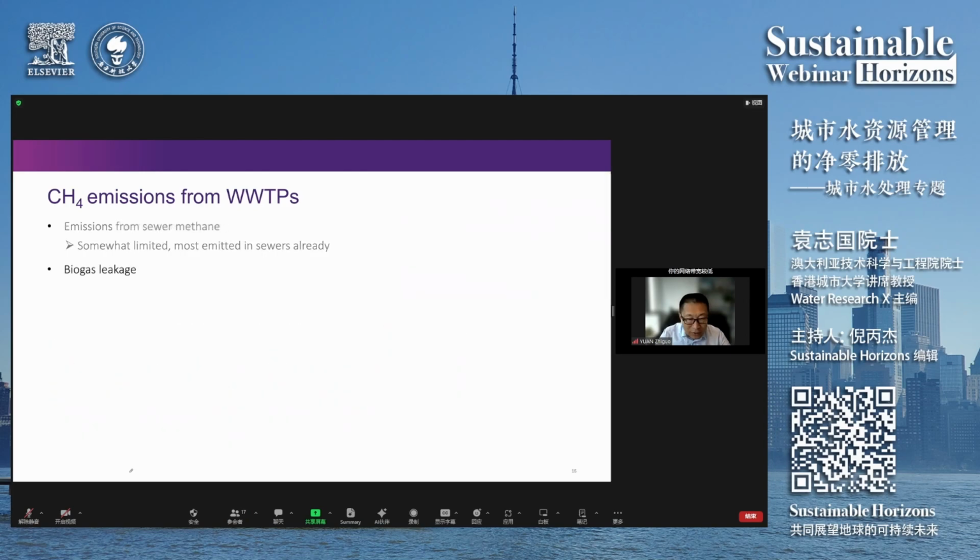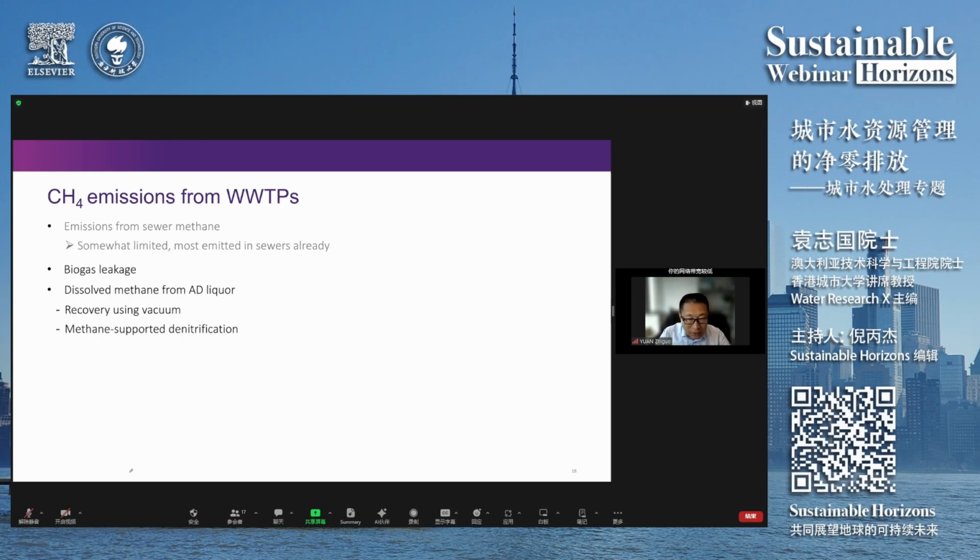Another source is biogas leakage. You produce biogas that has methane, and you have to manage it well. I think that's more a management issue, to minimize the leakage. Another one is a technological issue. We use anaerobic digestion, digesting sludge, or directly digesting the raw wastewater, and then produce methane.